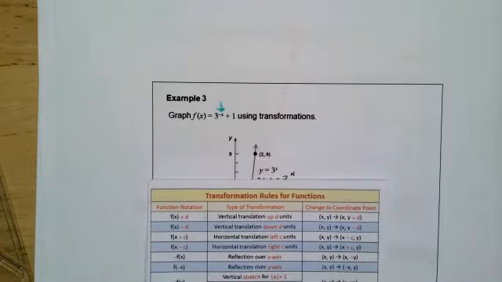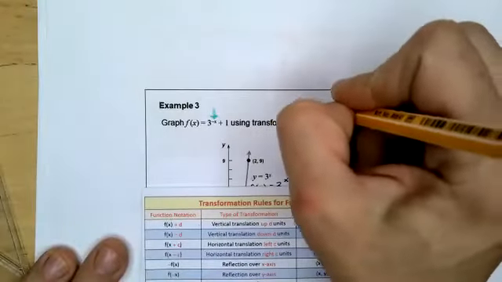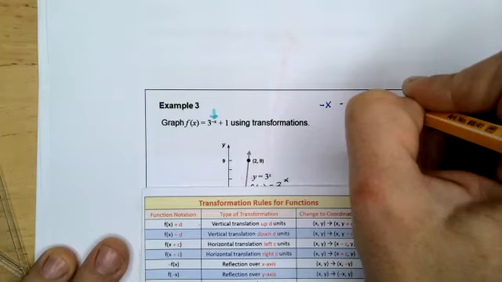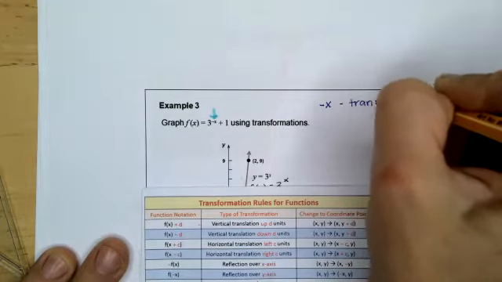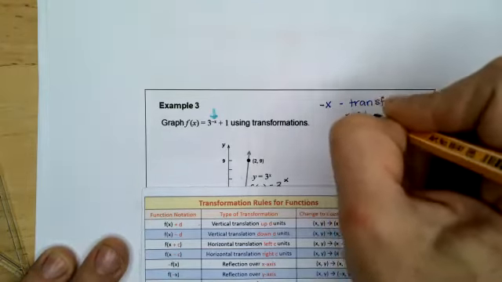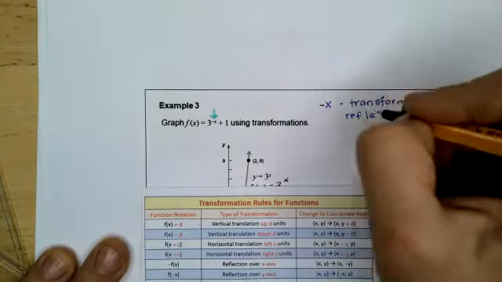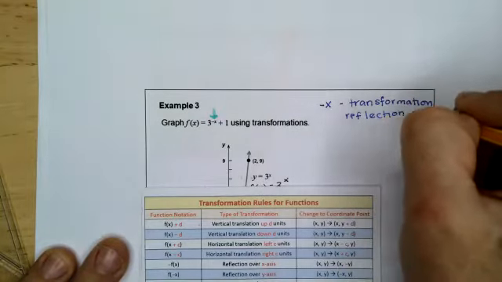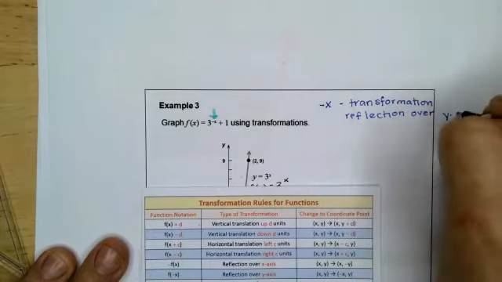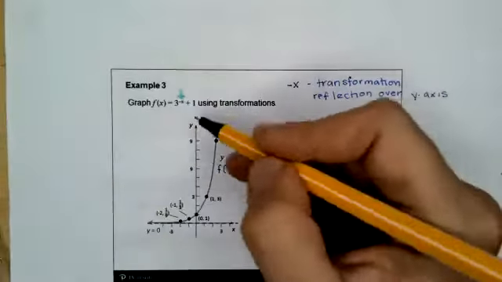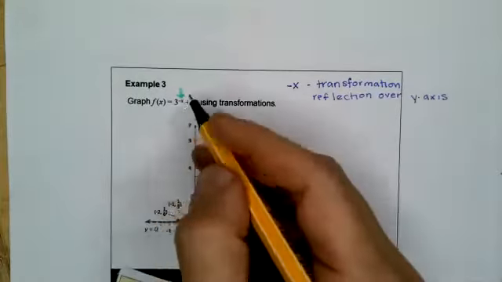The negative x becomes a reflection over the y-axis. Good, and that's the y-axis. The negative x.